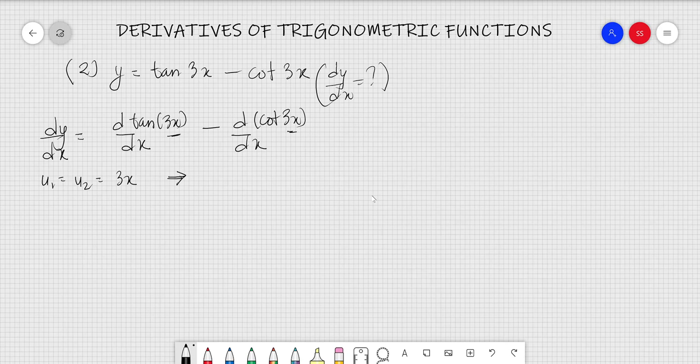Then our value of y with respect to u1 would be equal to tan u, and y with respect to u2 would be equal to cot u.